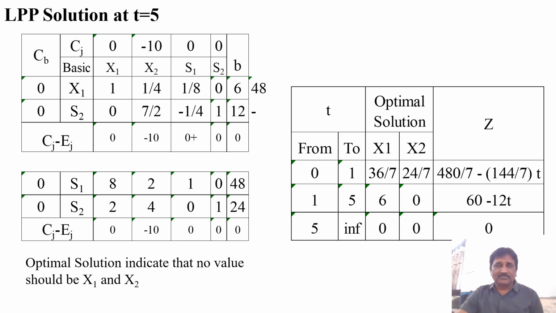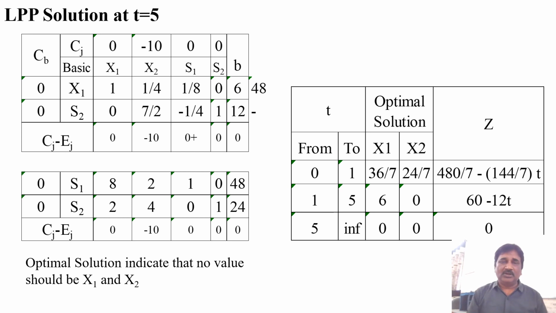So now we have come to a stage where S1 and S2 are the optimal solution. Their values are 48 and 24. X1 and X2 are 0. It means the time after 5 weeks has increased to such an extent that the profit per unit of X1, or product A, has become 0, and the profit per unit of product B has turned negative.